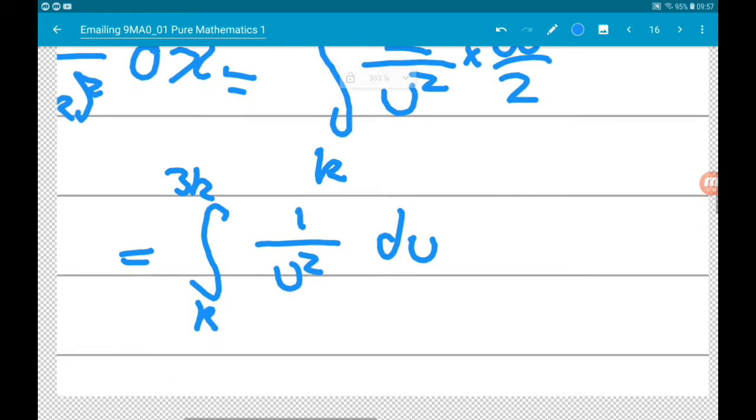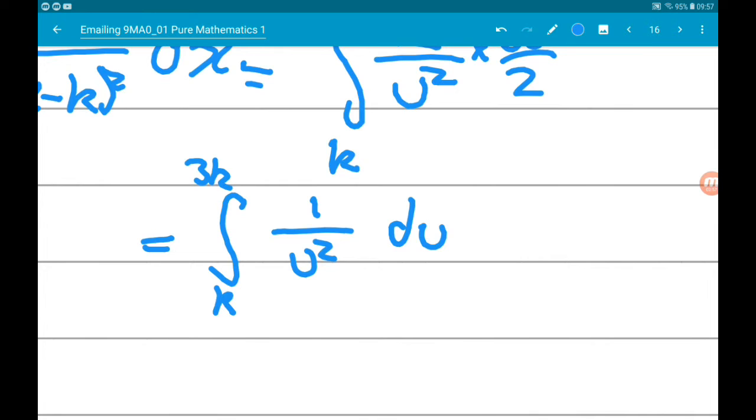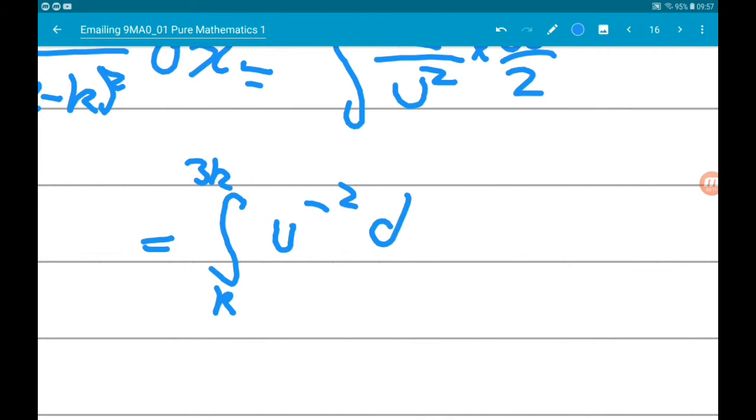That is u to the minus 2, so we're integrating u to the minus 2 with respect to u.